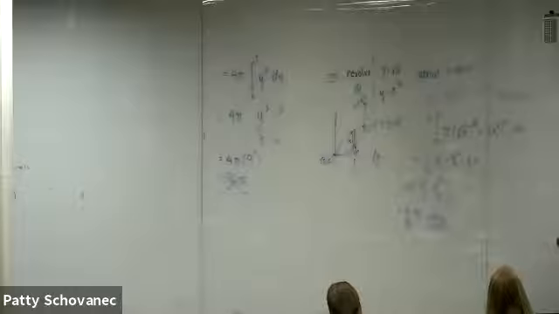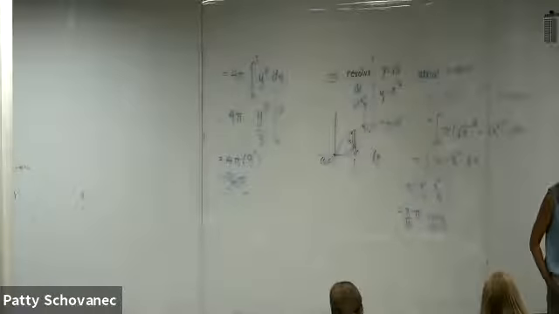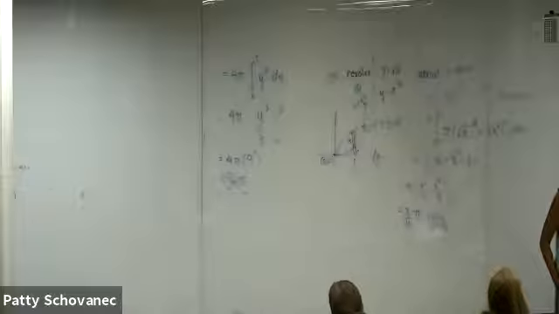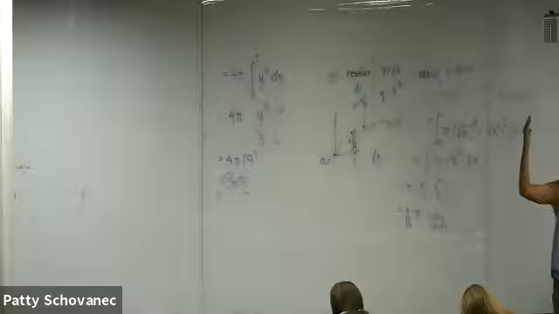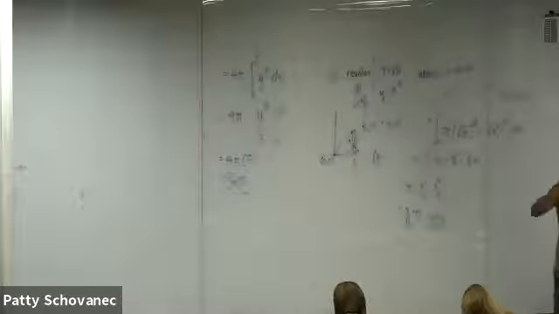Number 4. We're going to take the solid that is formed by revolving the region in the first quadrant, bounded by the graph of y is equal to x squared and y is equal to 4, about the line x is equal to 3.